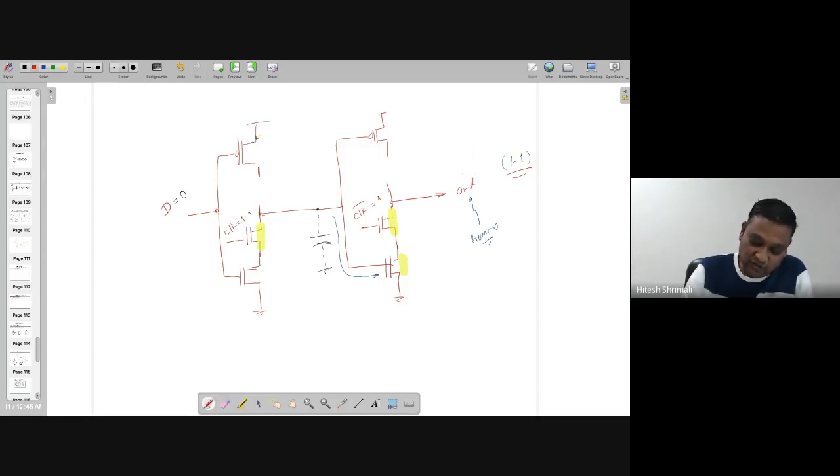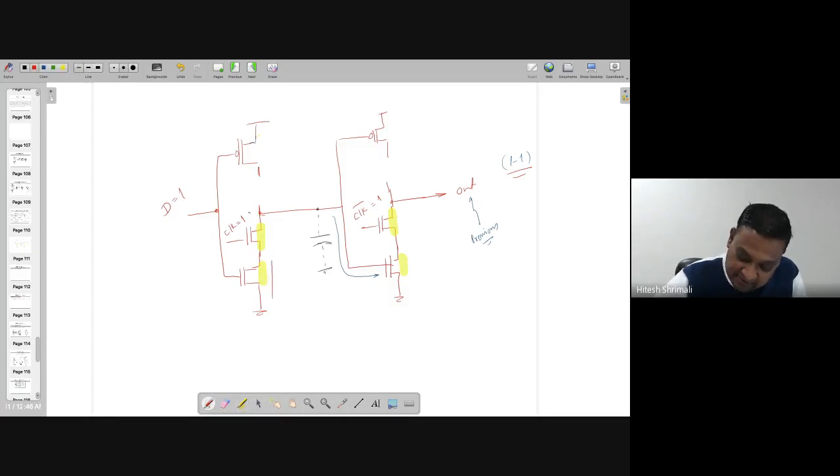And when D equal to 0, of course, this transistor makes the connection. However, this side is a high impedance node, and there is not a complete circuit, so that VDD cannot be going over here. But when D equal to 1, then the lower transistor is again on.